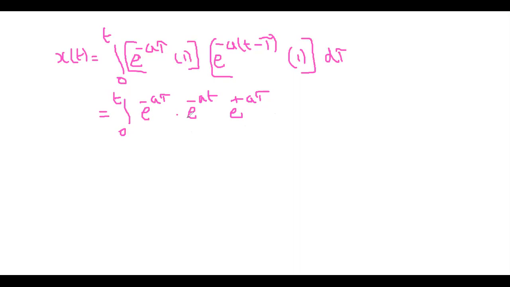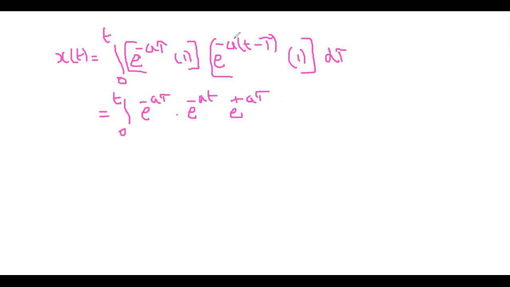Now it is 1, the e power minus a t. Here the integration is with respect to tau. But e power minus a t is a constant. The e power minus a tau and the e power plus a tau cancel, so that is 0, my dear students.